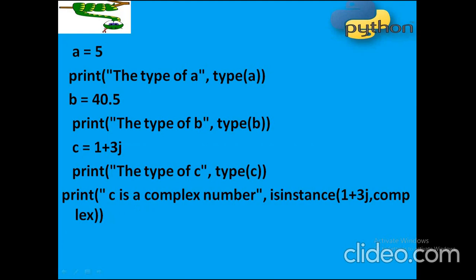This is one example we have here: a equal to 5. Then we identify its class by using the type function. Print the type of a. For b we have given a float value, and in c we have given a complex number, and for the complex number the isinstance function is used.